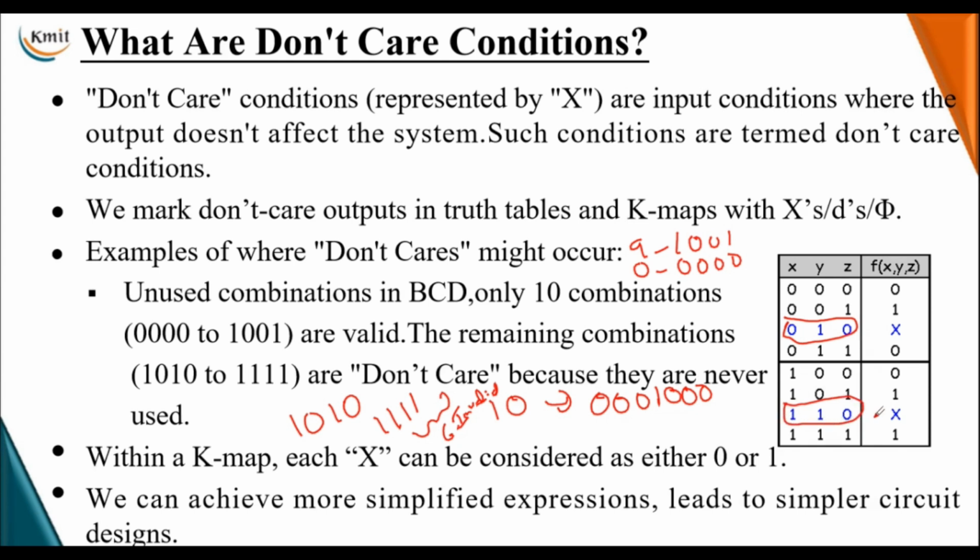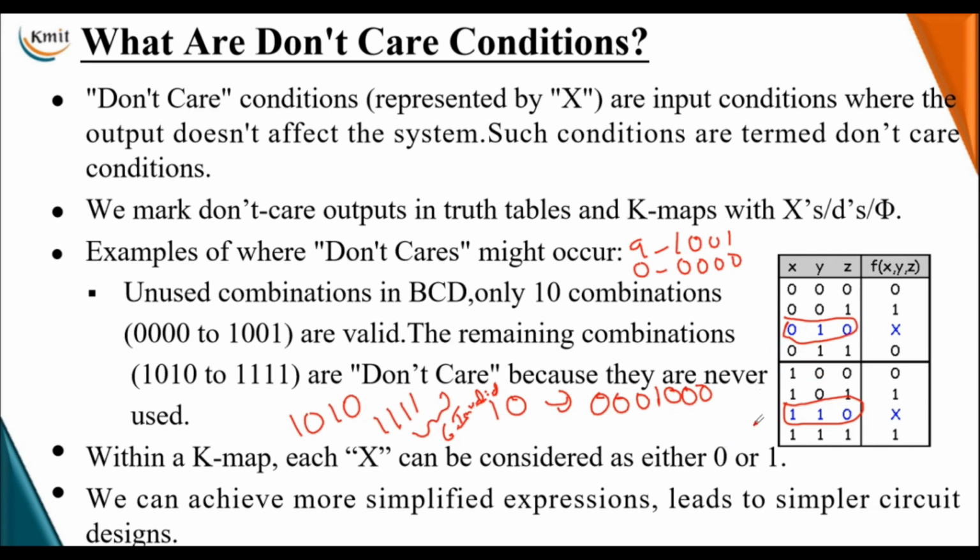For such two combinations, if the functional value is not specified, it is marked with an X value. So this is the way of representing your don't cares in your truth table or in your K-map method.